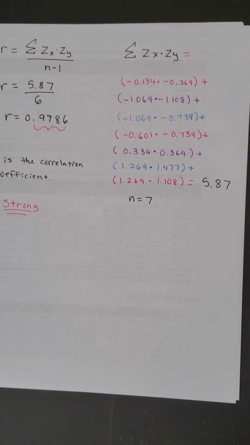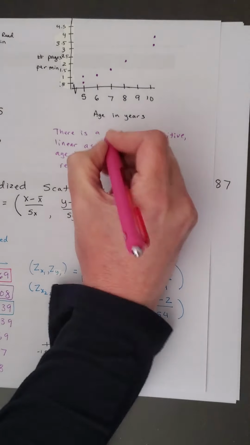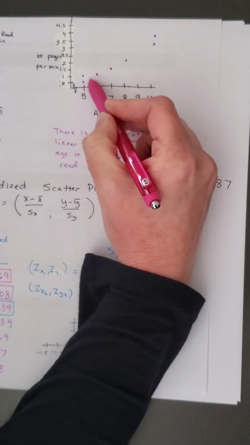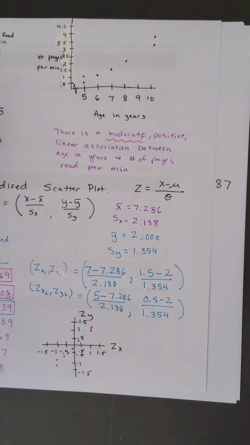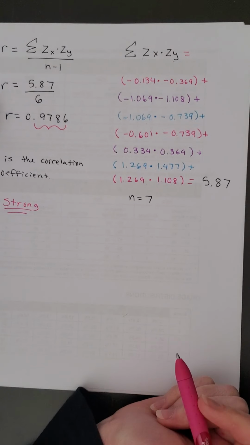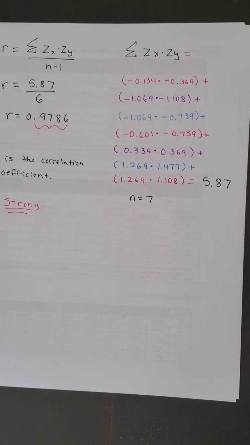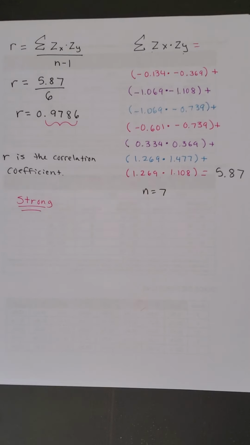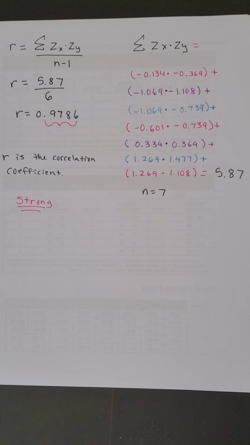Now earlier when I described it, I said moderate because on the scatter plot there were so few points it was hard to tell if they were tightly clustered. Now that I've actually been able to calculate it, I could upgrade that to a strong. If I didn't have R, moderate would be fine, but now that I know R, I would change my description to strong.